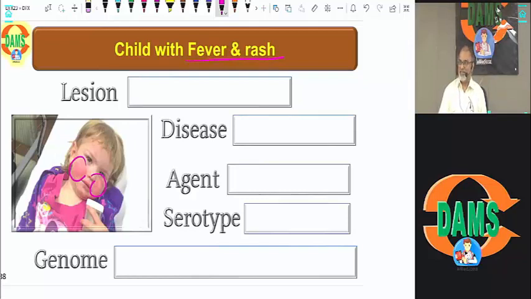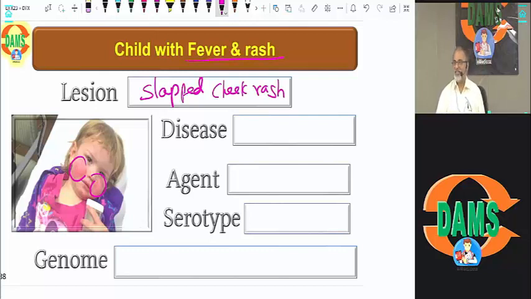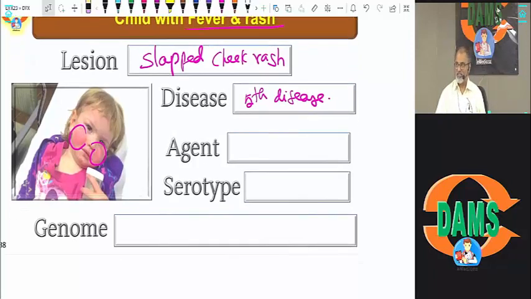Again it's coming. Slap cheek rash. Disease? Yeah, fifth disease, otherwise called erythema infectiosum. What is the agent? Parvovirus.